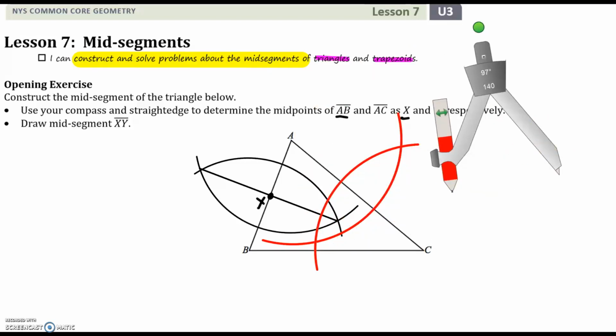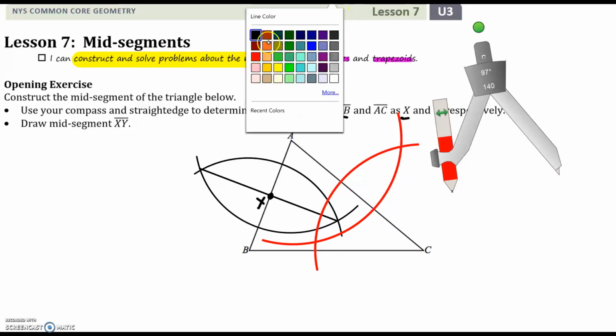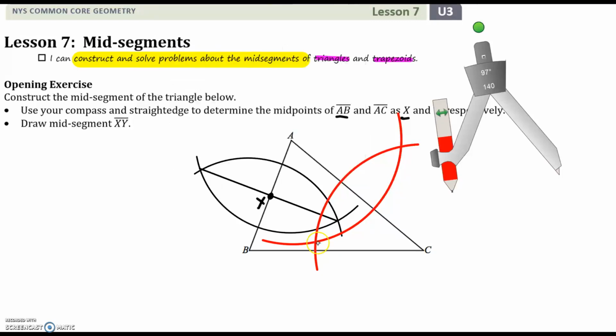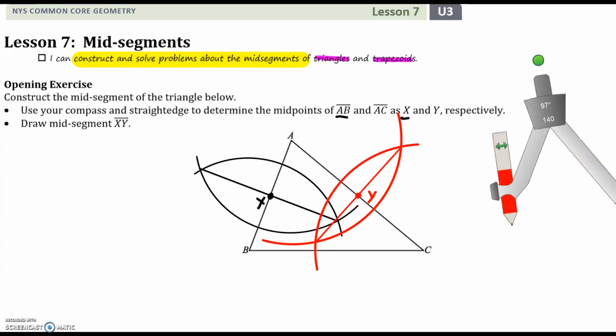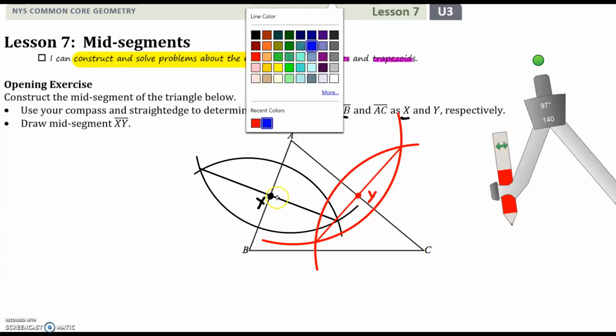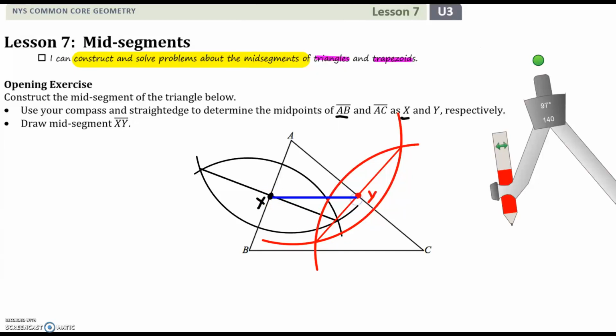That will be the perpendicular bisector of AC, and that will get us midpoint Y. And then finally, it says that we are going to connect X and Y. And that segment is your midsegment, XY.